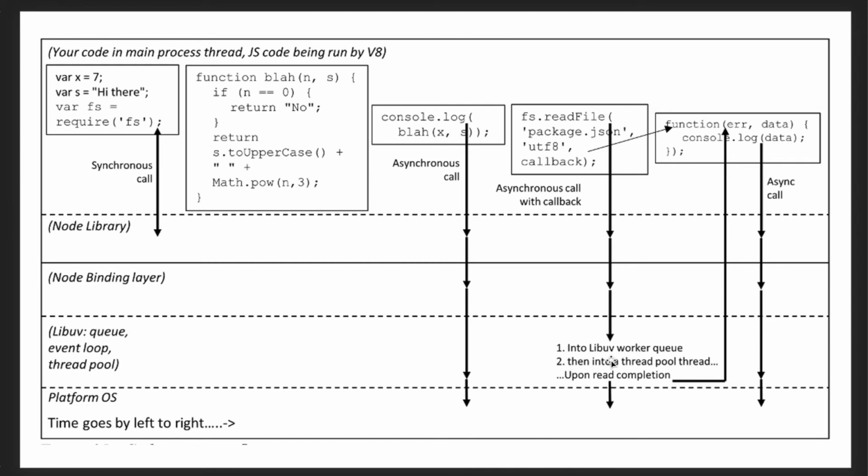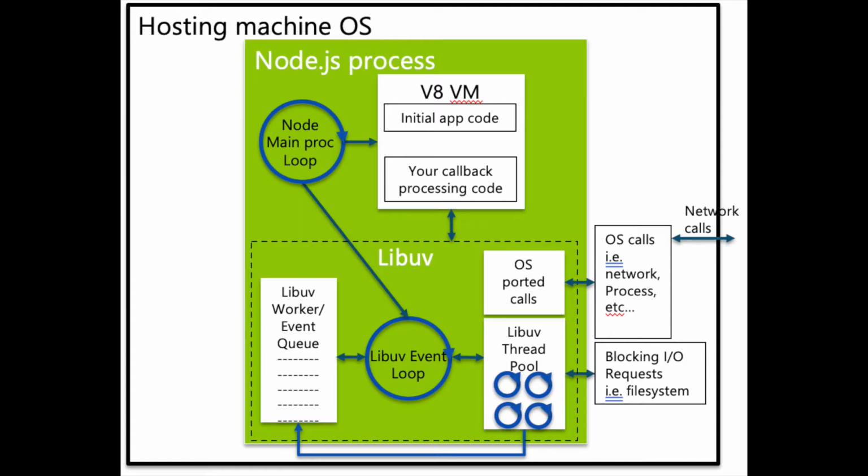So it has its own worker queue. In our case, I actually altered the name. I'm not reading package.json, I'm reading temp.txt. What happens is the call to read that file goes down, and there are only so many threads available, just a few.